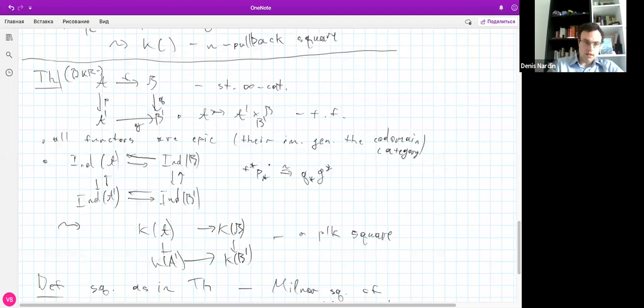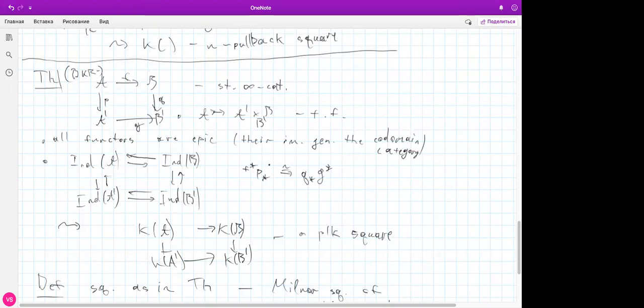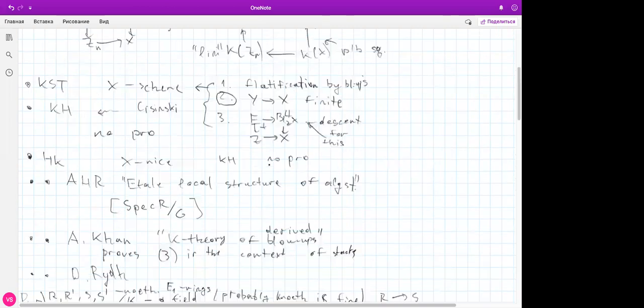So the question is, how does this result imply the statement for stacks? Okay, it doesn't imply the original, I'm trying to explain. It doesn't imply the whole statement, the pro-excision statement that we wanted.